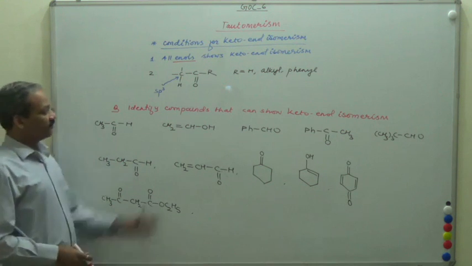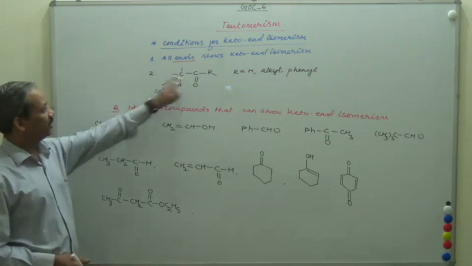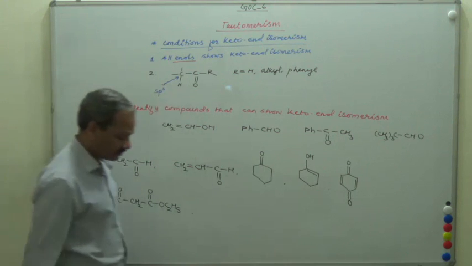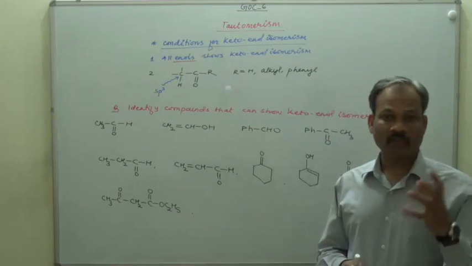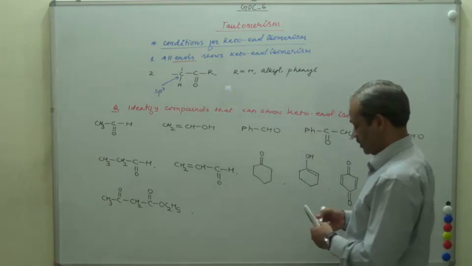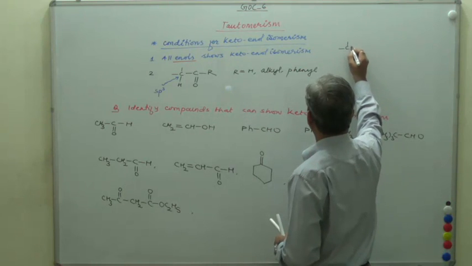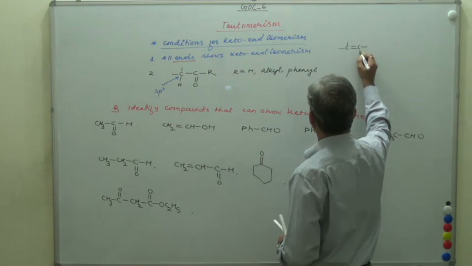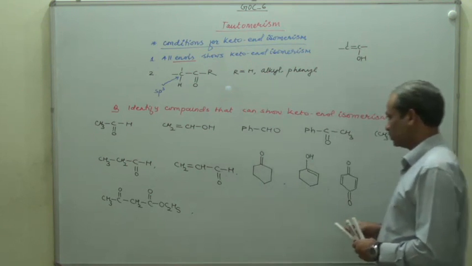Okay. Now first of all, identify how many of the following are enol, because all enol shows keto-enol isomerism. And in enols, an OH group is bonded to double bonded carbon atom. Enols means any compound having a carbon-carbon double bond and OH group bonded to this carbon-carbon double bond are called enols.